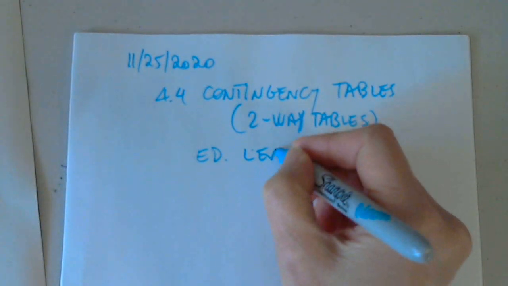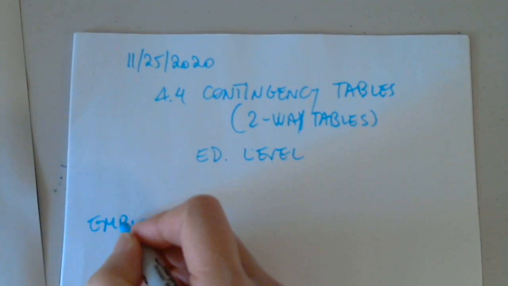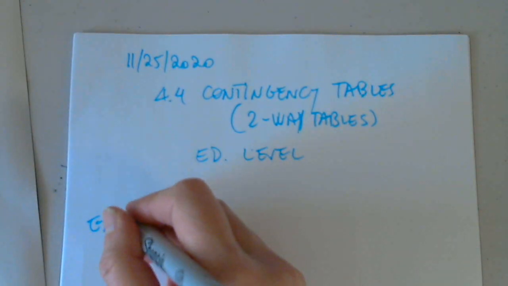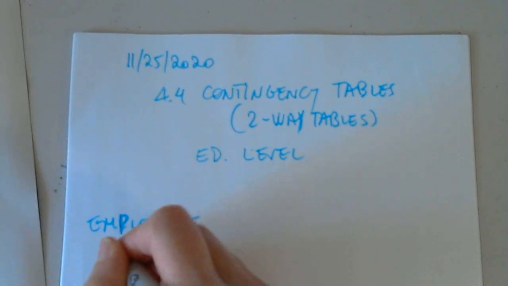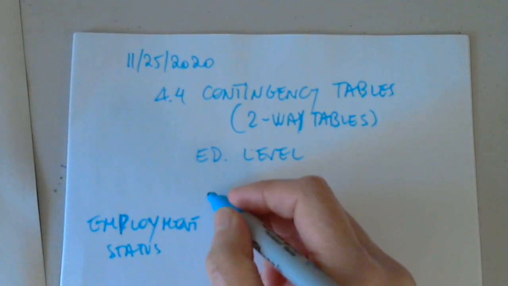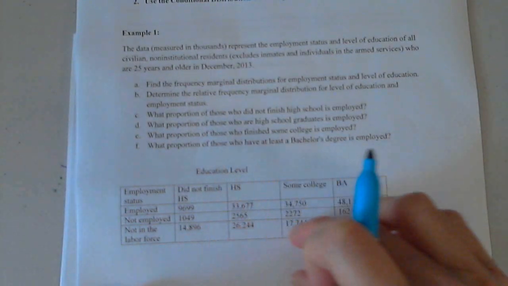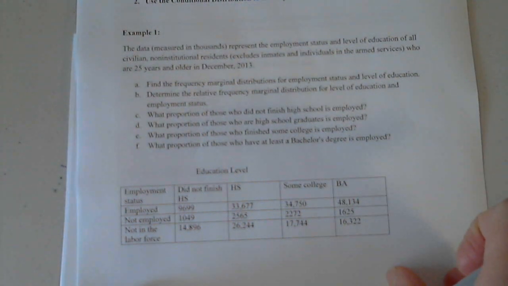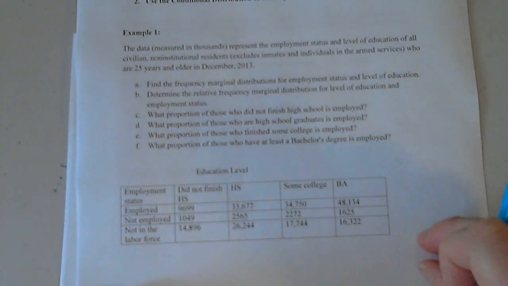Education level and employment status. Leave enough room so we can create another row and another column. That's why I left some room for you here and here to continue.